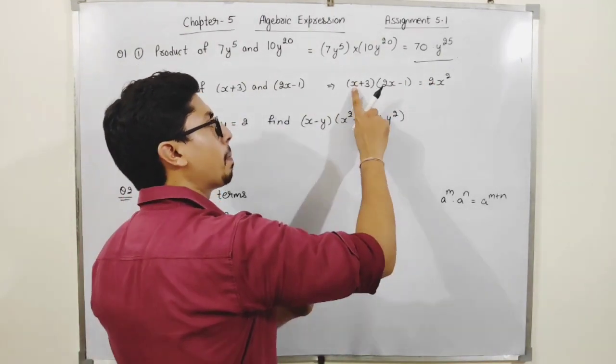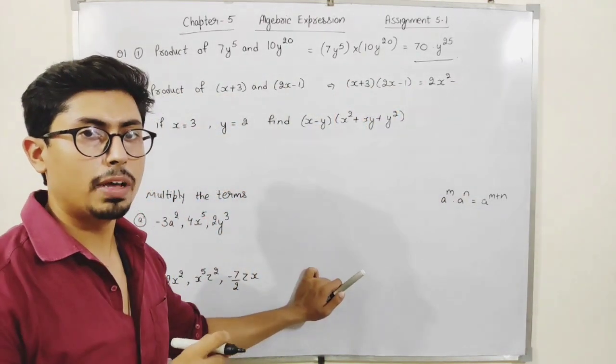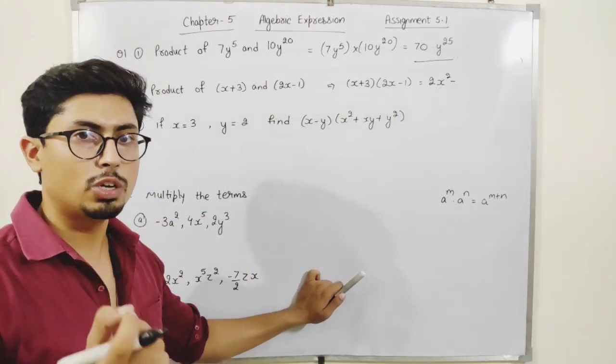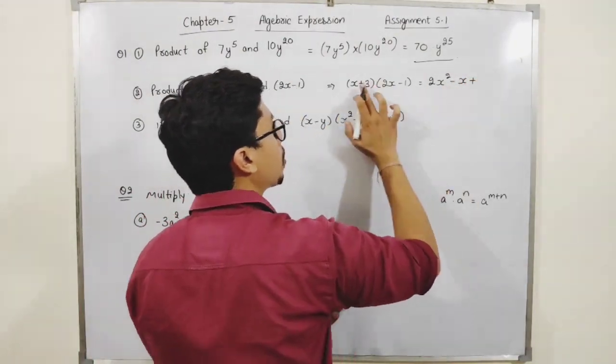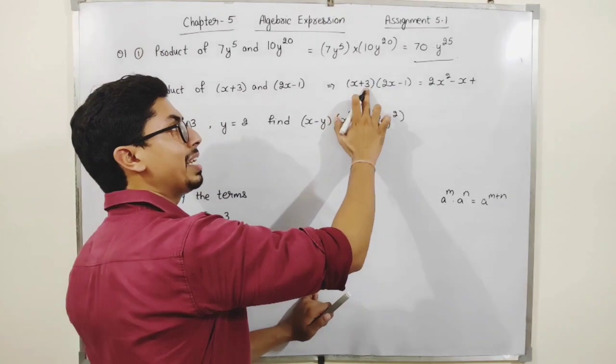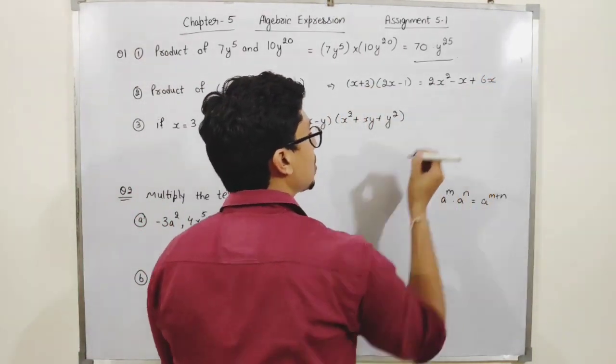Now, if I multiply this by this, 1 into any number is that number. So x into 1 is x. Plus, because see, plus sign is there. 3 is a number, then 2 is the number. So 3 into 2 is 6x as it is.